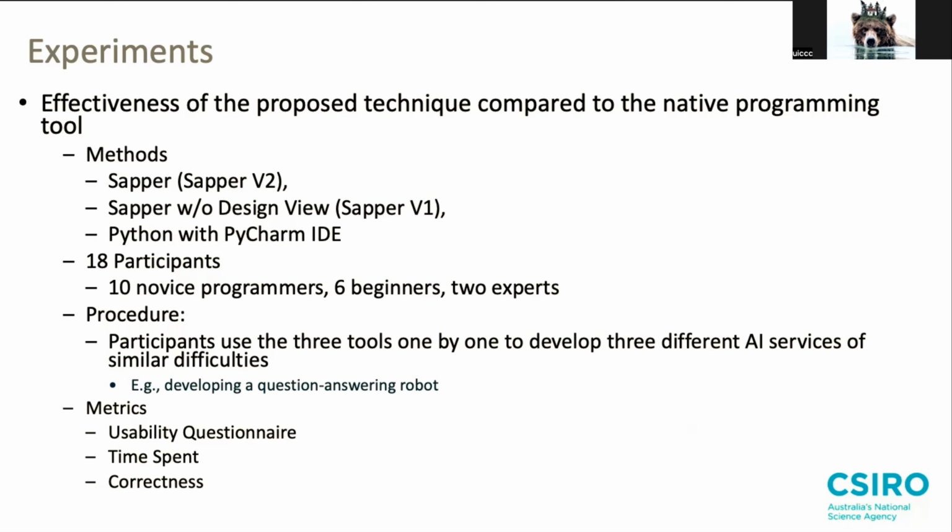After they finish the task, they will be asked to answer a usability questionnaire, which consists of several questions, and they only need to rate them from 1 to 5. We also recorded the time spent for each task with each tool, and we also recorded the correctness.